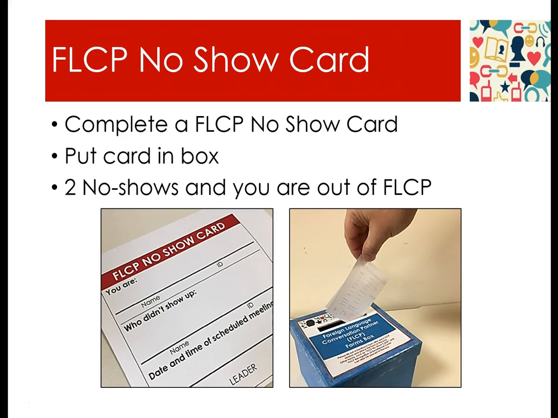Tell us who didn't show up. That person will be notified. Anyone in the program, a leader or a partner, who accumulates 2 no-show cards in 1 semester may not be allowed to participate in the program for the remainder of the semester.